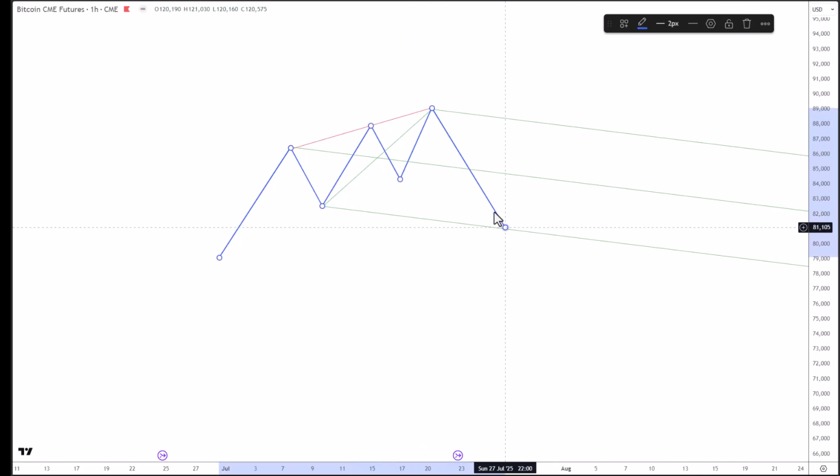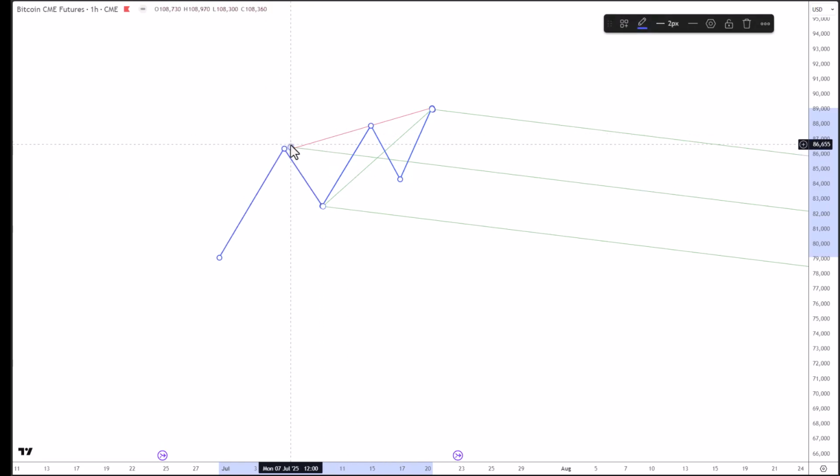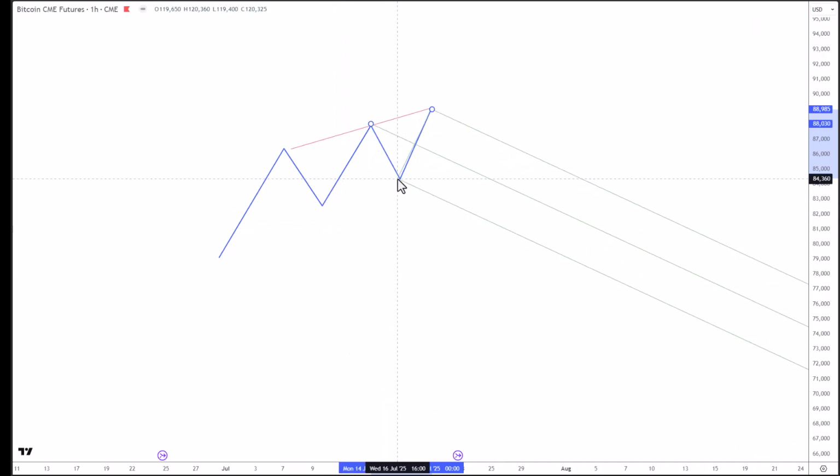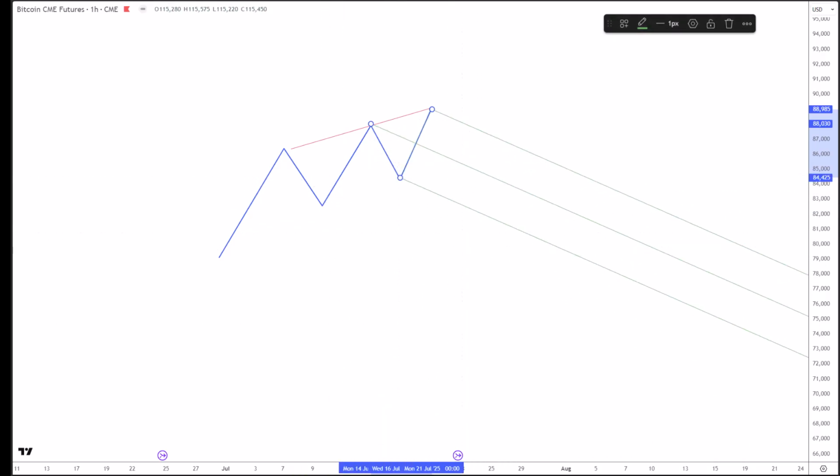There are times that you will draw a fork off price, let's say this fork you just took off A, B, C. Is this a valid fork? Yes, it is. What will make it more valid?